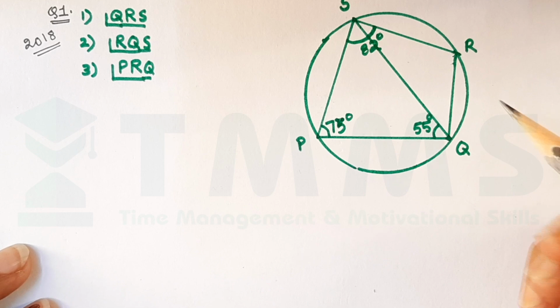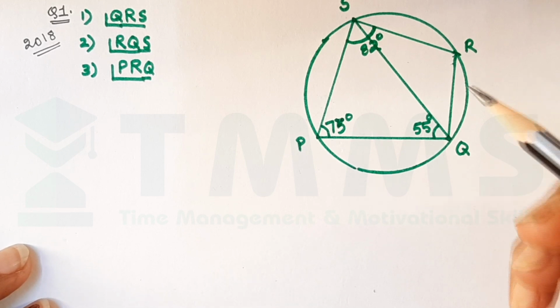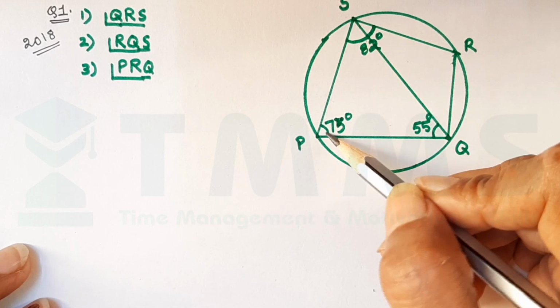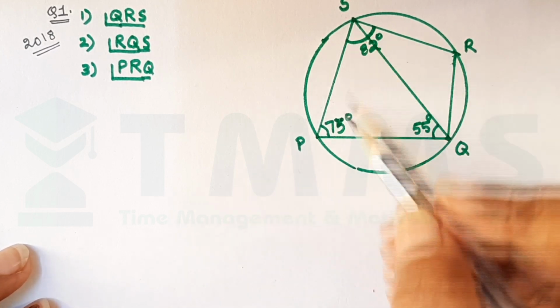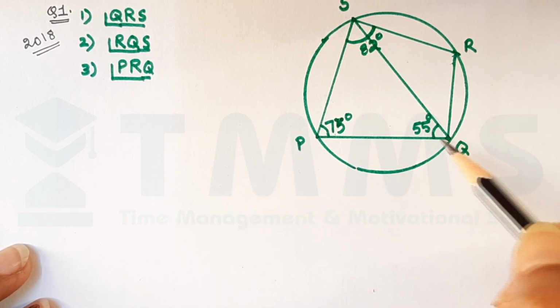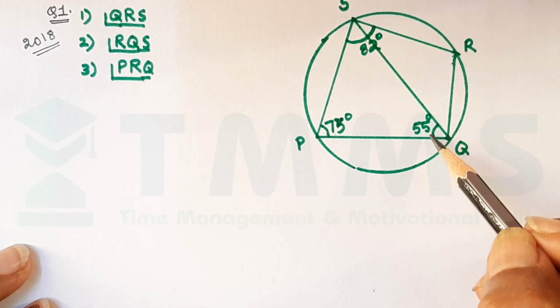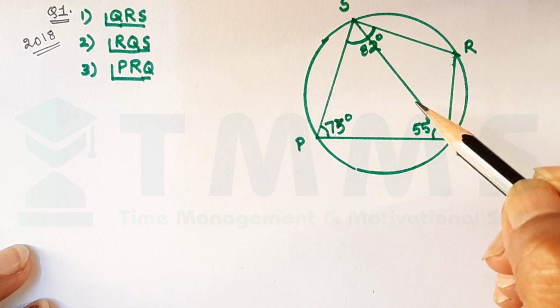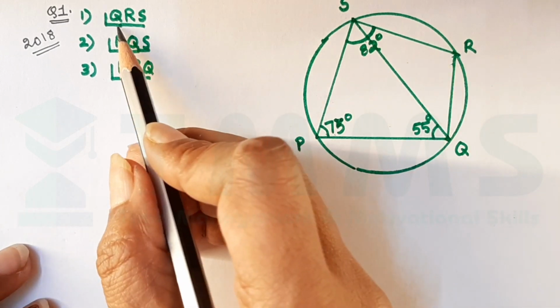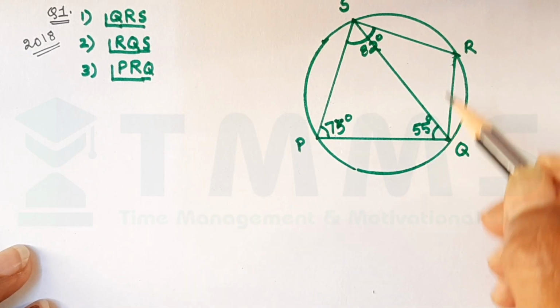The first thing that we need to do over here is to write what was given, which means the angles: QPS was given as 73, then we have PQS was given as 55 and PSR was given as 82. Now we have to find QRS.